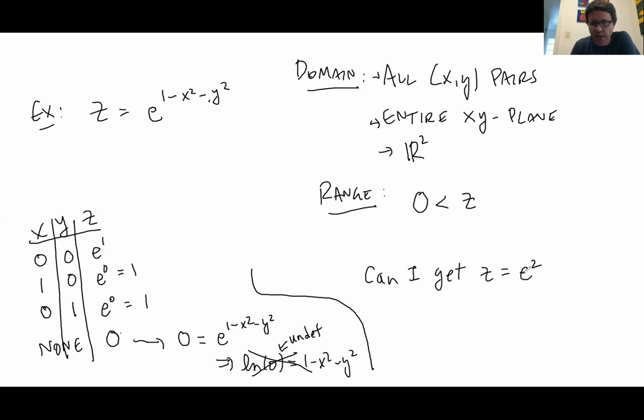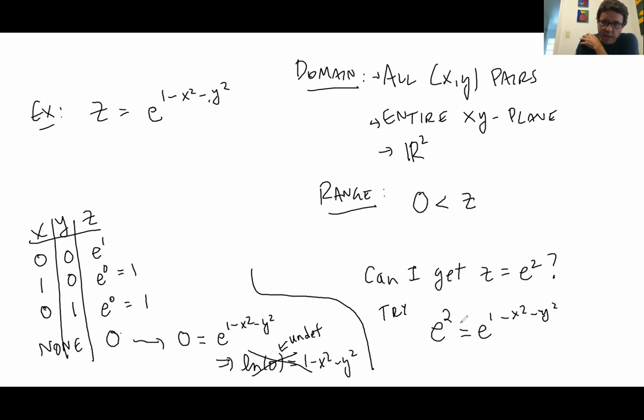I could put in a number like 3 or 5 or something like that. I'm going to have to do a natural log, and I don't really want to do that yet. So can I get this value out? Let's try. Let's set z to be e squared and set it equal to my function. So e to the 2 equals e to the 1 minus x squared minus y squared.